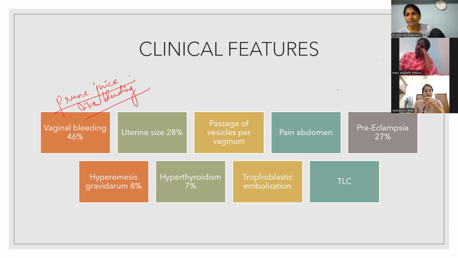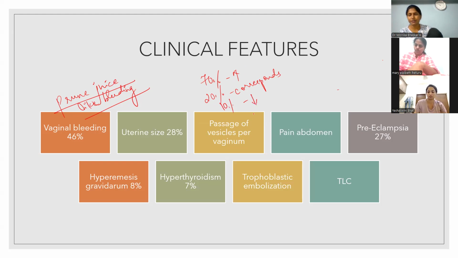Uterine size also will be more than the period of gestation. Here you have to understand: in 70% of the women, the uterine size is more than the period of gestation. In 20% of the time, the uterine size corresponds to the period of gestation, and around 10% of the time it is less than the period of gestation.